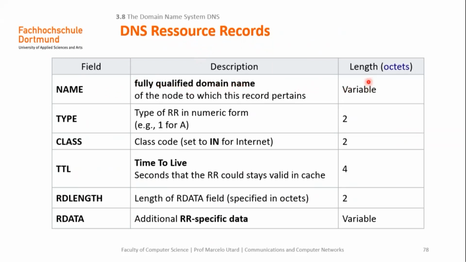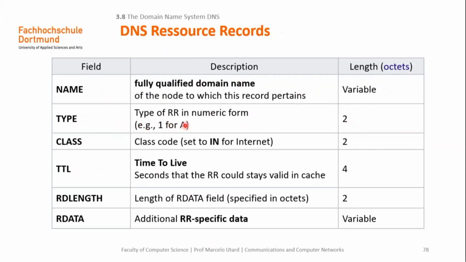The length of this name is variable. There is another field associated with that record that is called type, and typically is coded with 2 octets. Then there are different types of RRs.